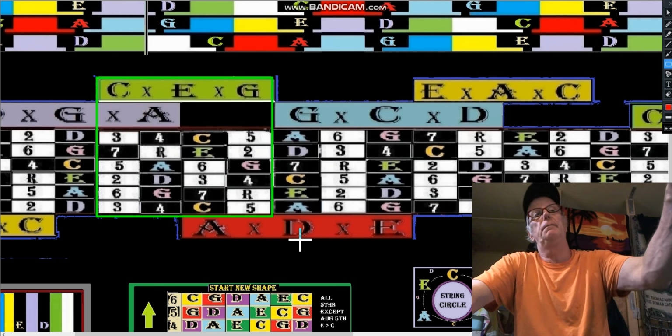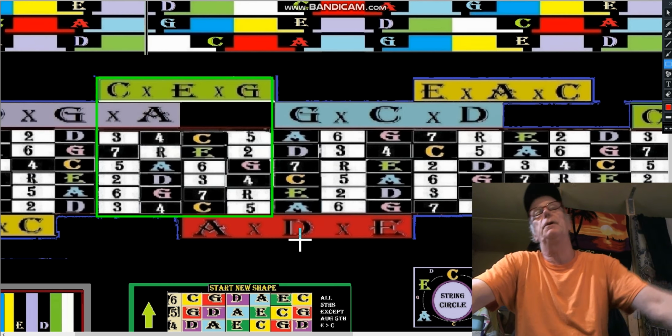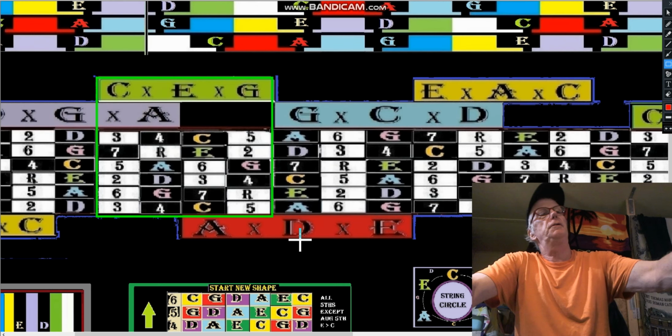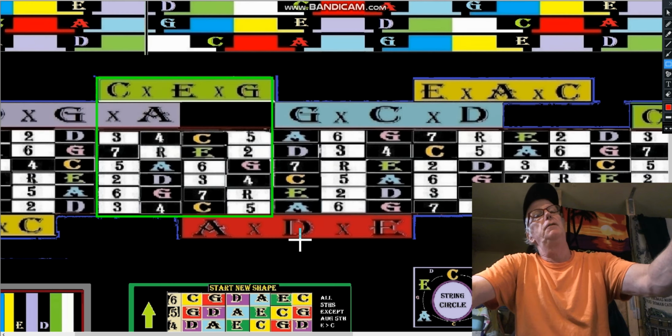So that would be a D-shaped F, and in a diatonic scale, root 2, 3, 4, 5, 6, 7, root, for that F chord we would want 4, 6, root.